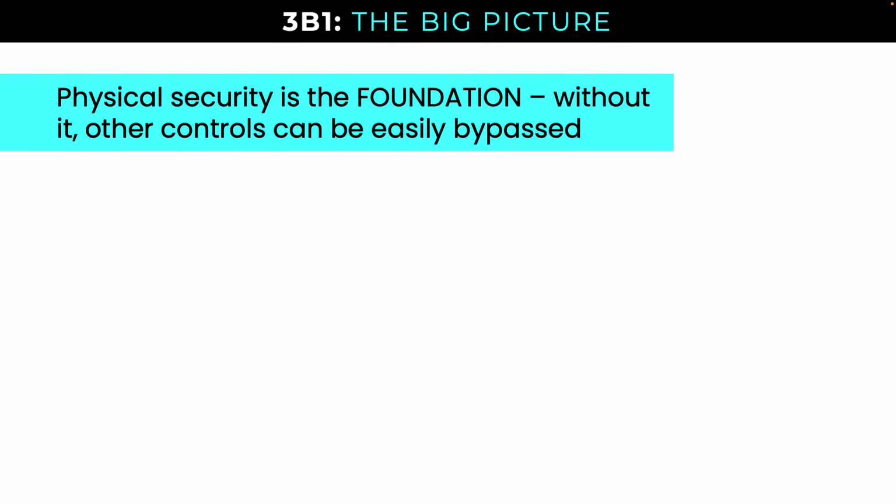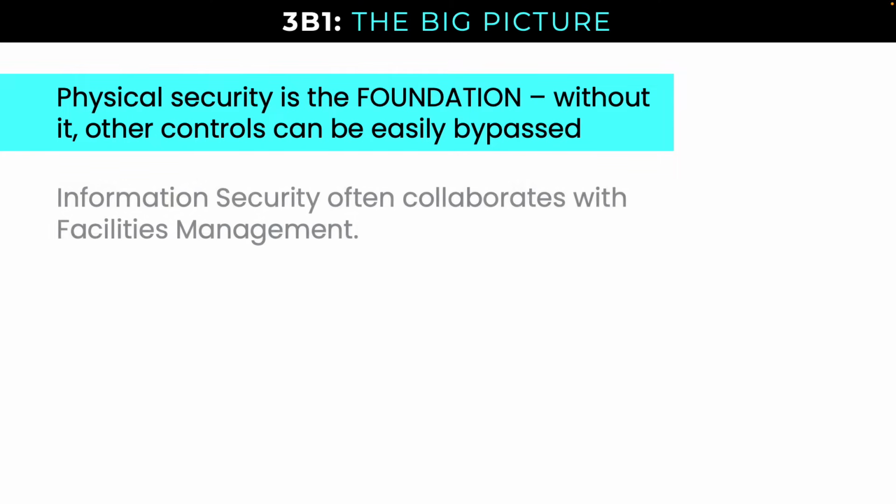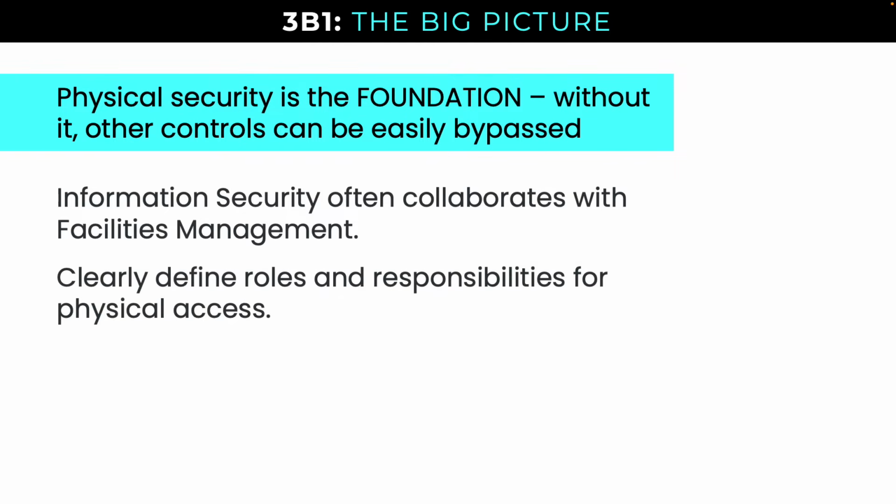So the big picture, we want to think about physical security. Physical security is the foundation, and without physical security, other controls can be easily bypassed. So information security often collaborates with facilities management, the people on the front line of physical security. We want to clearly define roles and responsibilities for physical access.